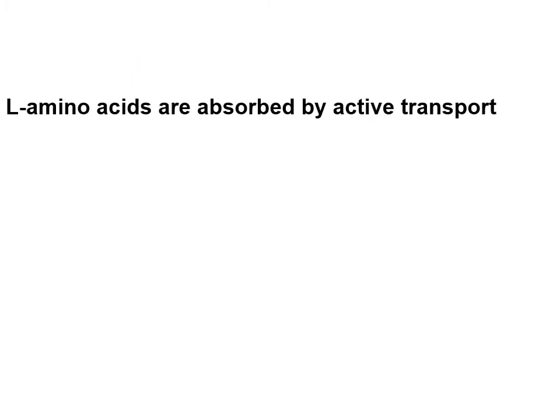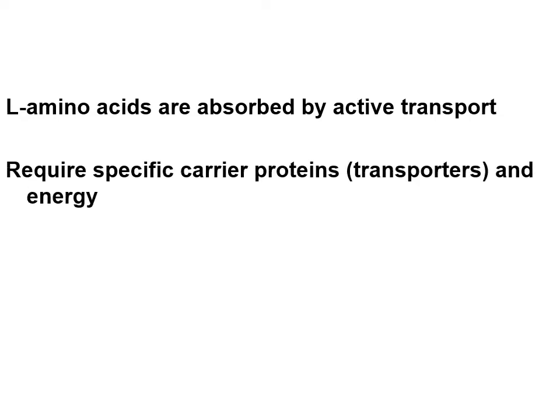Now, the L amino acids are basically absorbed by active transport and they require specific carrier proteins and energy. This transportation is dependent on sodium ion. So it is called as sodium dependent co-transport.